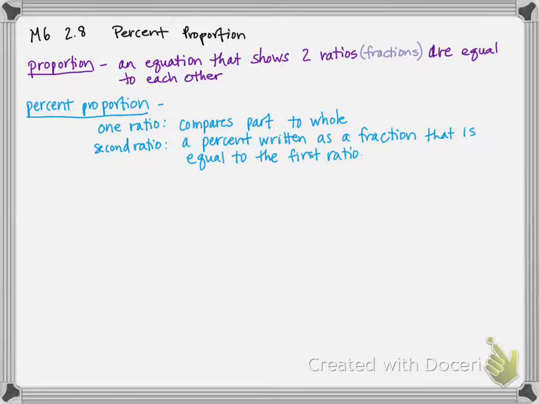Okay, so basically what we've got here is, let's say we have 1, 2, 4, and that's going to be the same as 25 to 100.